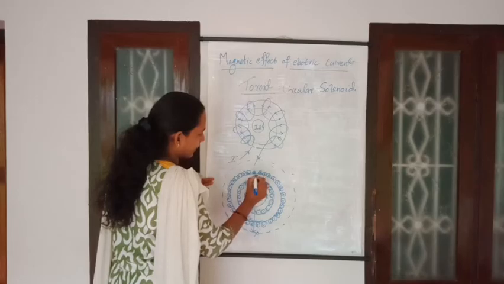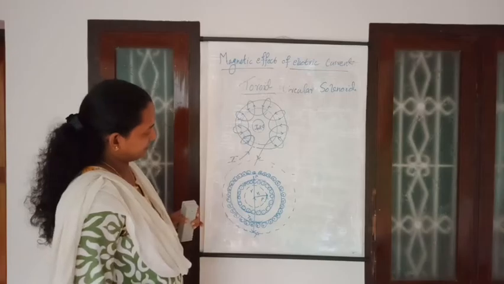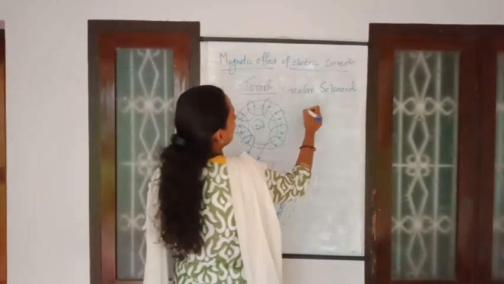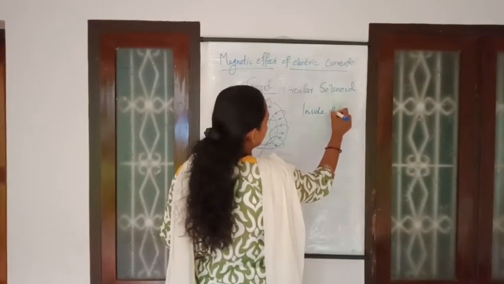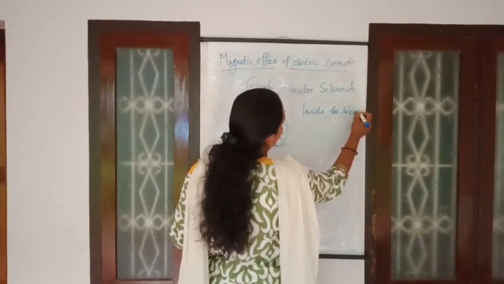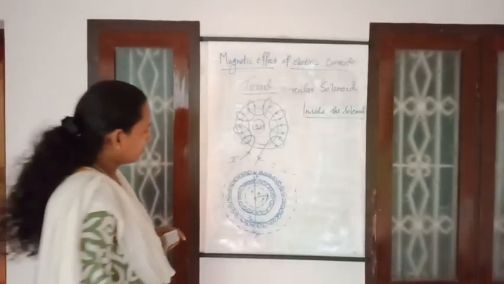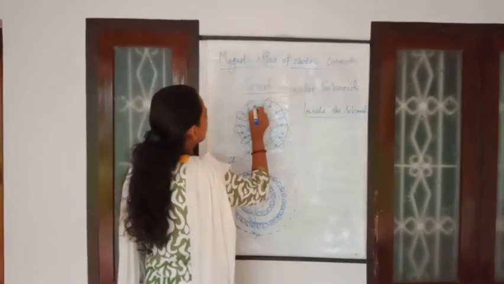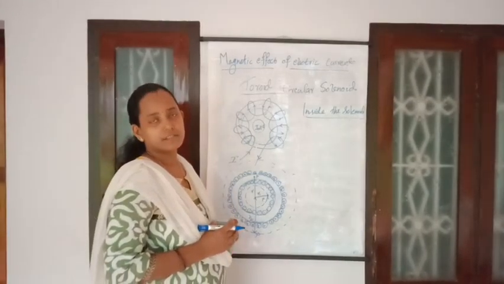Suppose you are considering the point P here with a distance R. Whenever you are considering that means on the toroid or inside the toroid, not open space, on this core, there will be a magnetic field.